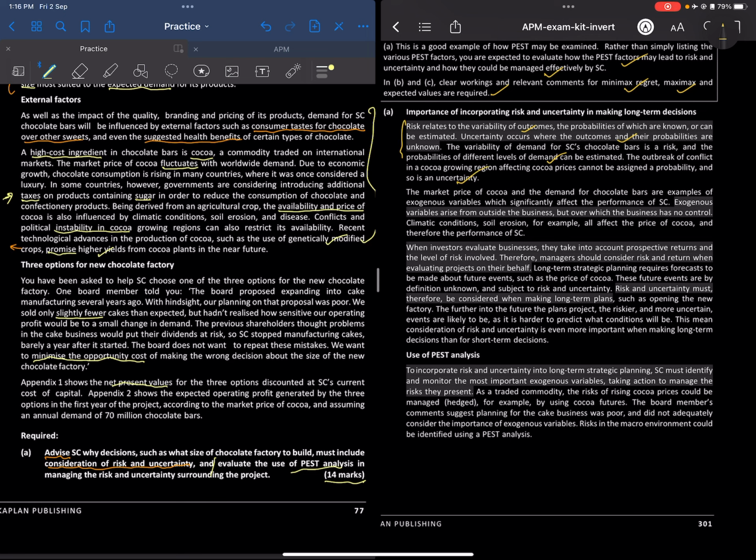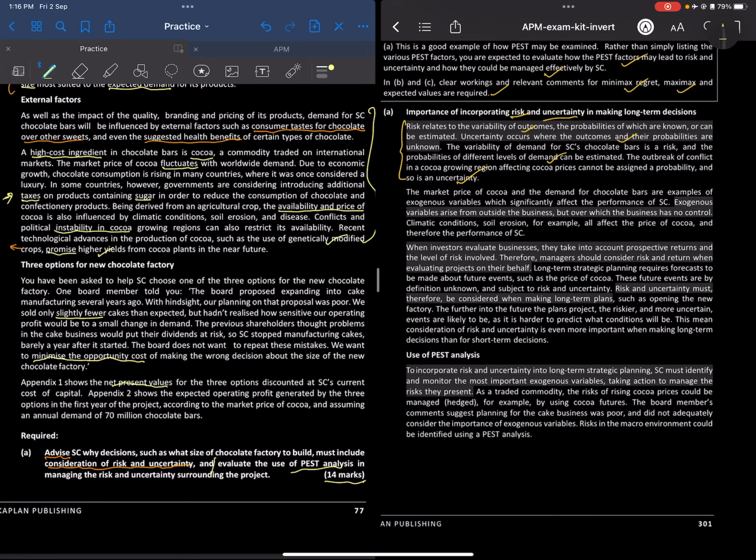Very good point over here. They have even further broken down risks and uncertainty. So risks relate to variability of outcomes, the probabilities of which are known and can be estimated. Uncertainty relates to difficulty in knowing the probability and the outcomes.